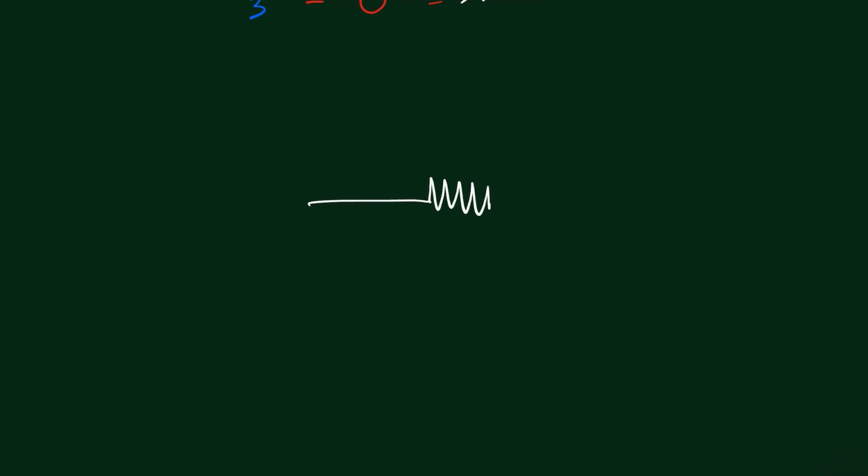Example, something like this. If I say this side of the wire is at 4 volt, and this side of the wire is at 10 volt, then how much will this resistance get as its potential?